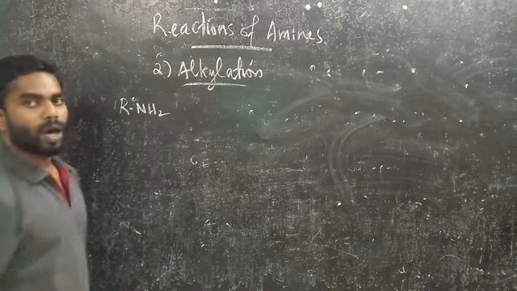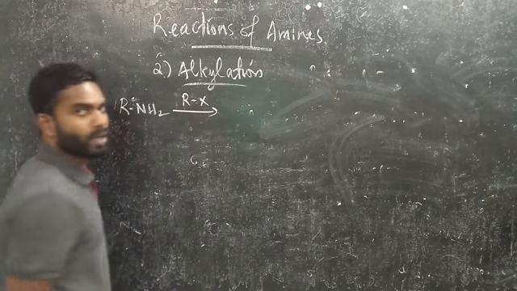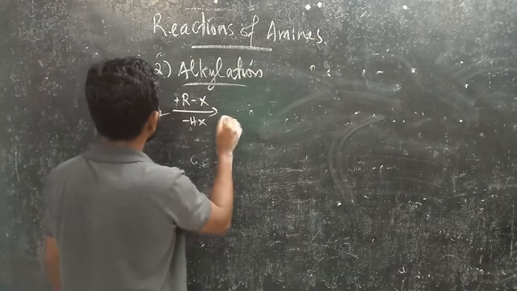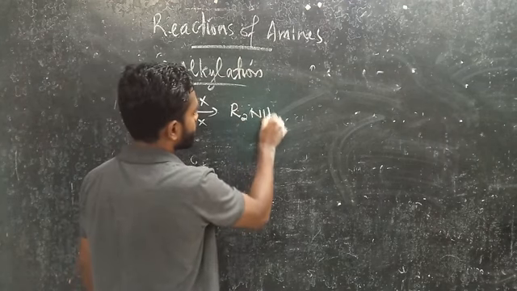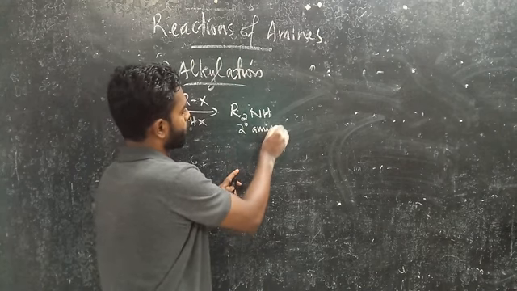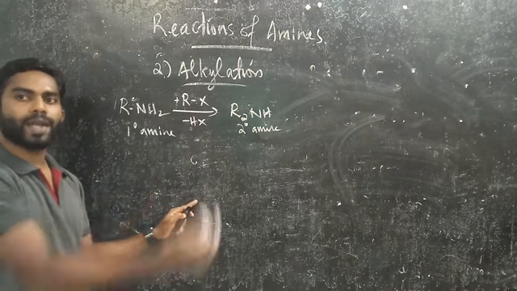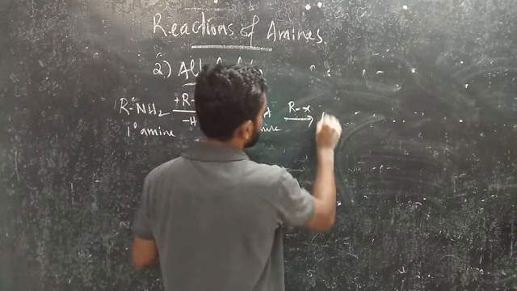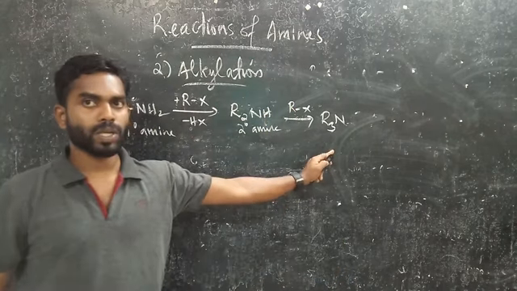The example: RNH2 reacts with RX, minus HX, and we get R2NH, a secondary amine. This was the primary amine. This again reacts with another molecule of RX and we get R3N, which means a tertiary amine.